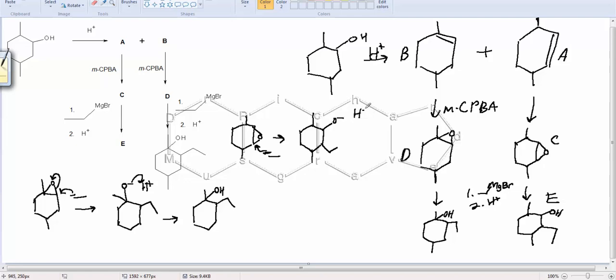And add H plus to it, and that will give us the other alcohol, which ends up being E. And I want you to see that this is the chain from the Grignard reagent there.